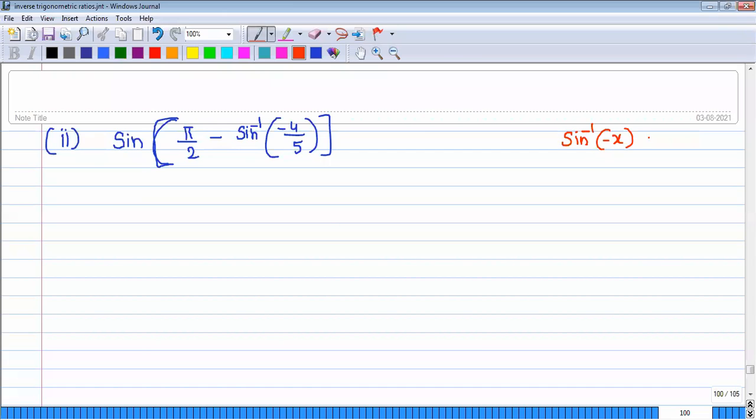Very good. Sine inverse of minus x is equal to minus sine inverse x. Right? So this we can write as sine of pi by 2 minus, minus of minus, plus sine inverse 4 by 5.